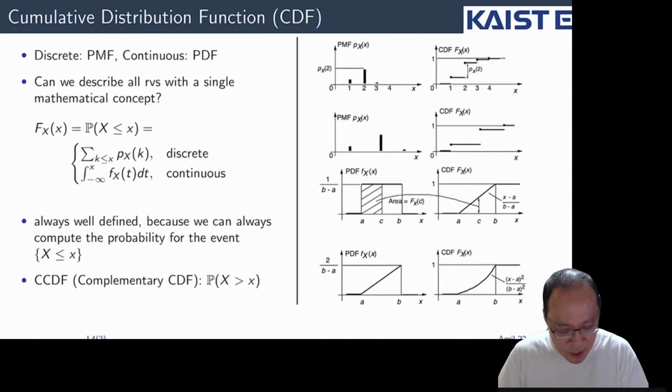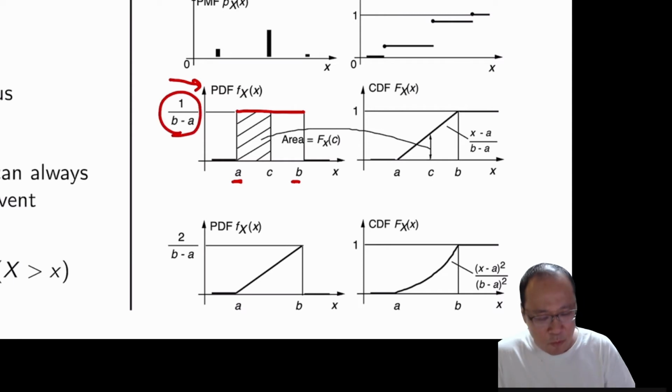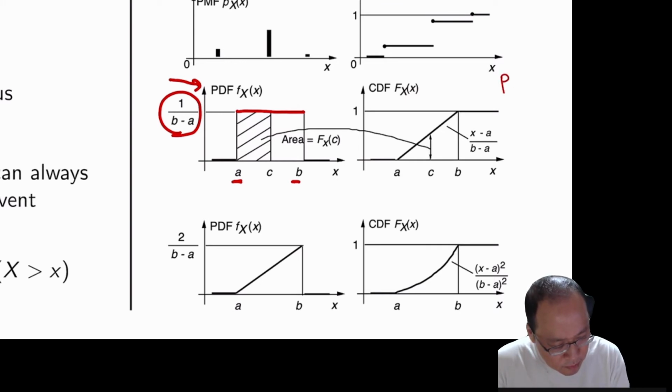For the continuous case, for example, this is the uniform PDF, where between A and B we have a uniform probability density, which should be 1 over B minus A. How does the CDF look? Well, the CDF is, again, the probability that X is less than or equal to x. So up to the point A, the value should be 0. But after A, for example at C, what is the function value at C in the CDF?